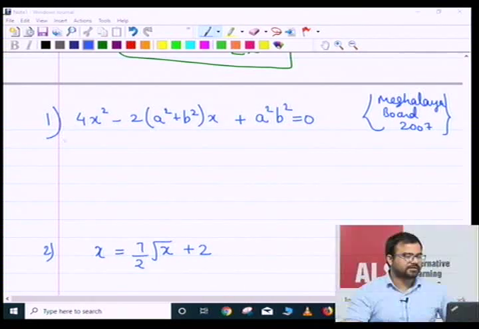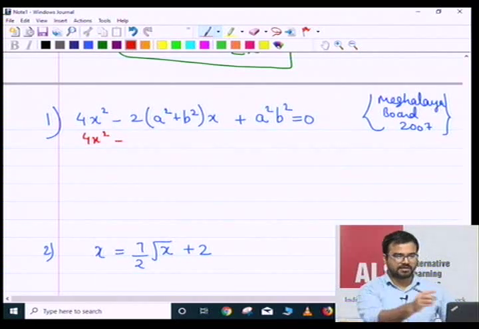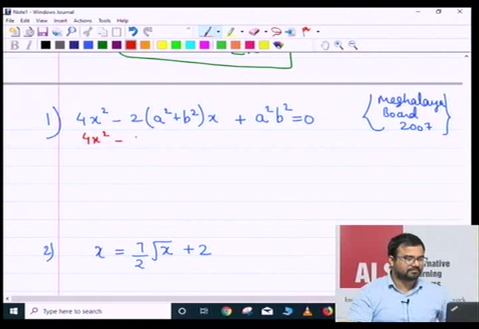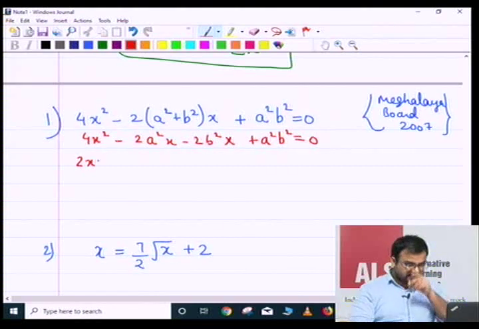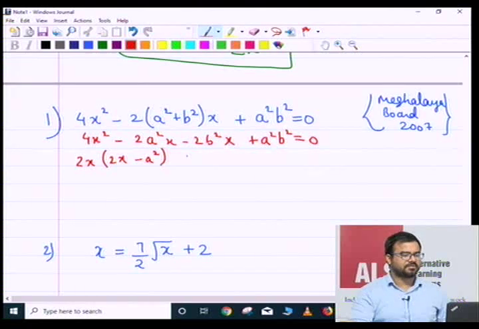See, the first one, 4x square, we can multiply this one, 2a square x minus 2b square x plus a square b square equal to 0. From here we can take 2x as common, so we'll be left with 2x minus a square.